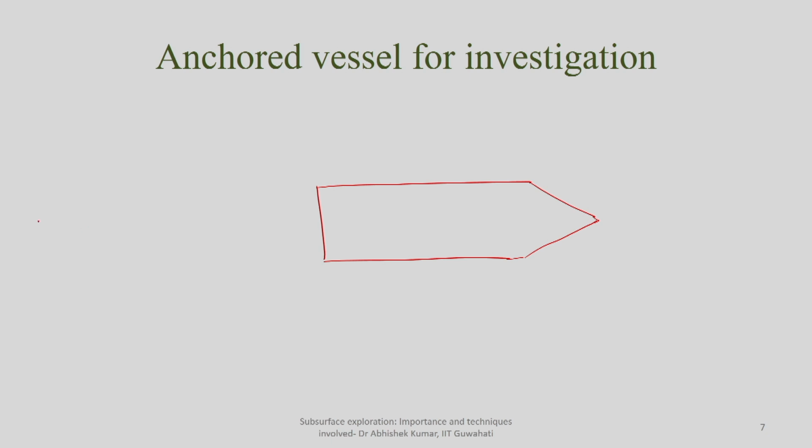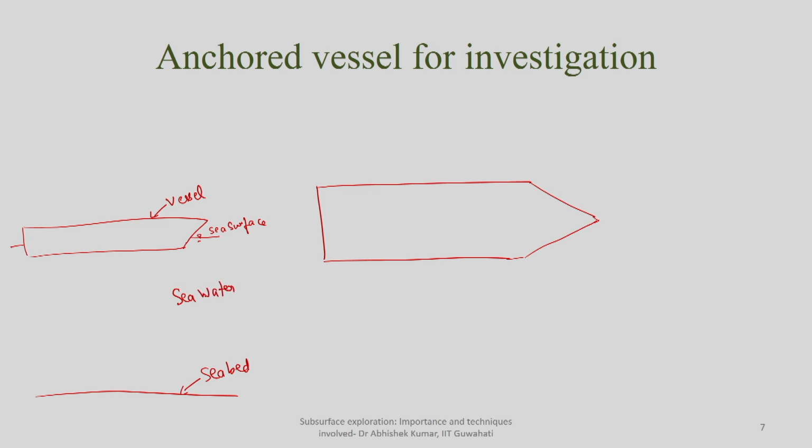It is floating on the sea surface, this is mean sea level, this is the vessel, and this is your depth to the seabed. Now, by means of the vessel, because everything is filled with sea water, every time you collect a sample, minimum this particular depth has to be bypassed before you actually come in contact with any possible medium from the seabed. This is the vessel, again seen in side elevation.